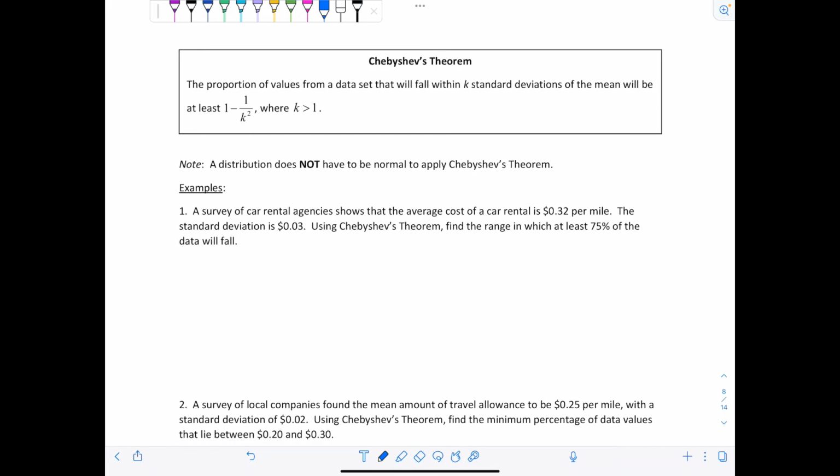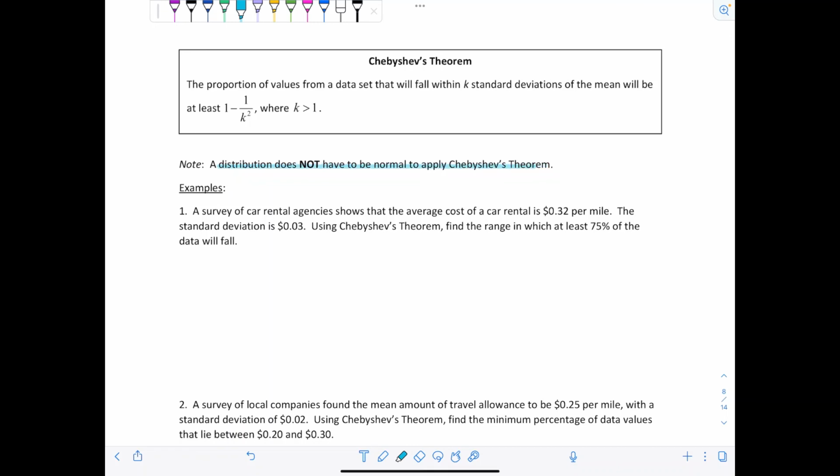This gives us the proportion. So it's going to give you a decimal, or a fraction between 0 and 1. If you want to equate it to a percent, then you would just multiply by 100. And note, this is the important thing, a distribution does not have to be normal to apply Chebyshev's theorem.